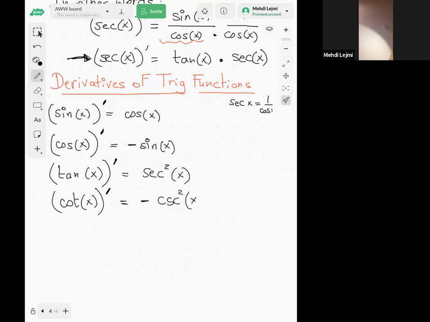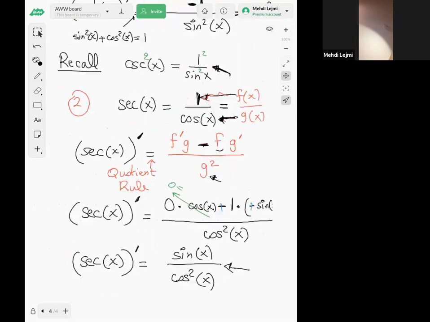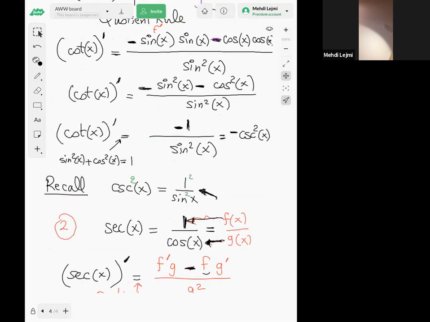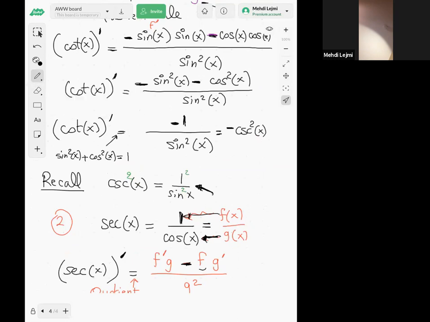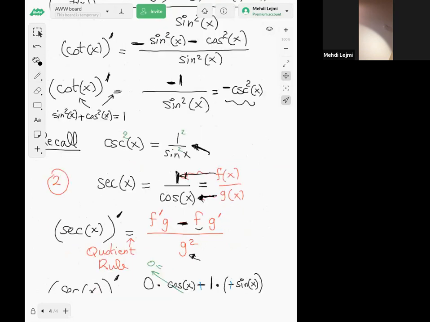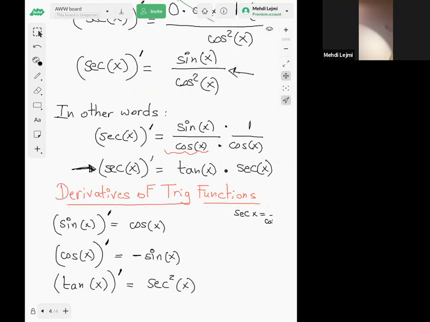The cotangent derivative, we said, is minus 1 over sine squared, which is minus cosecant squared.